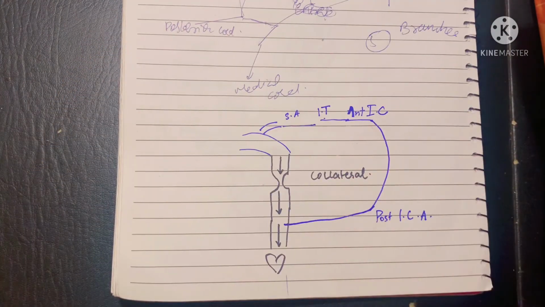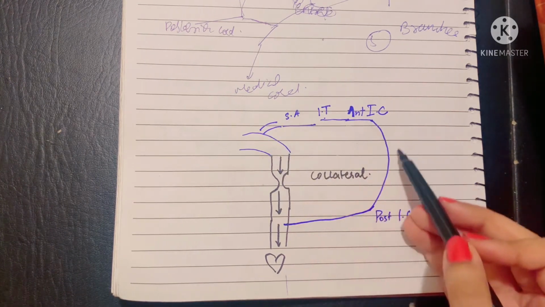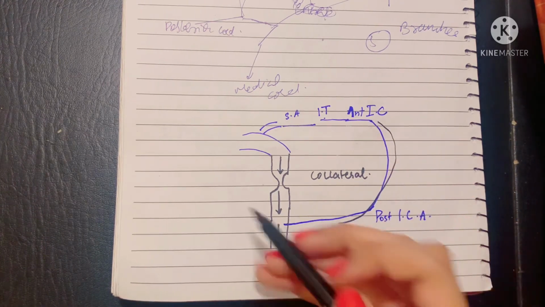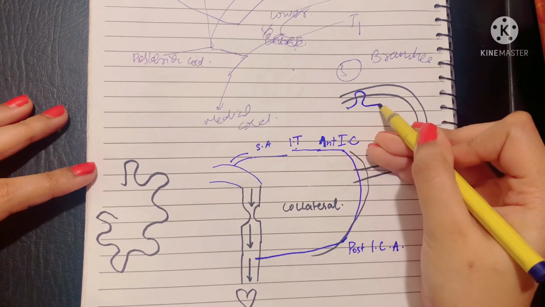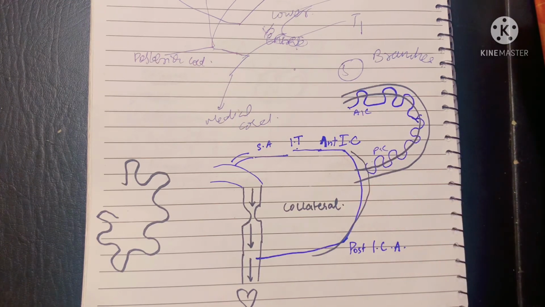What is the consequence of this narrowing? Since there is so much blood in these tiny arteries, these arteries start to become tortuous. If this is the rib, these arteries become tortuous and cause notching on the rib. So this was an important clinical.